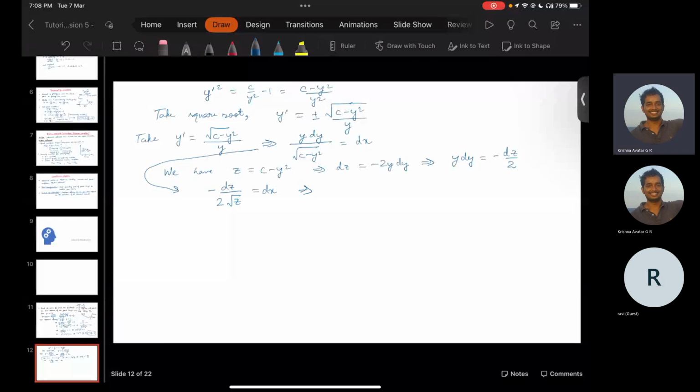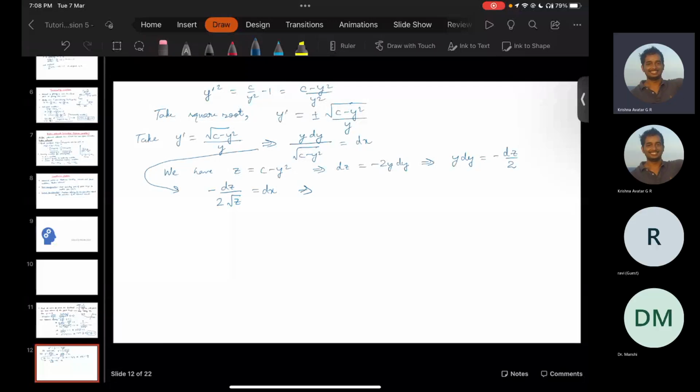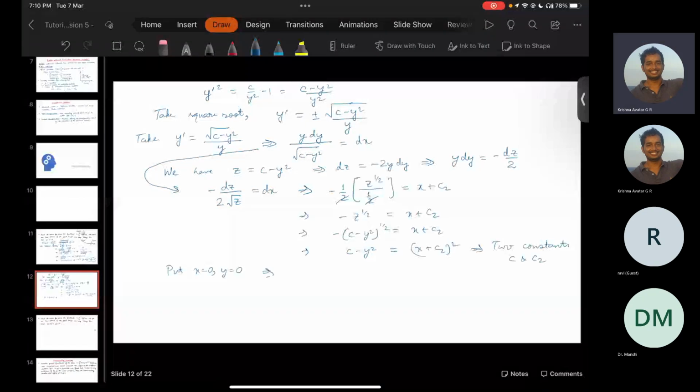So now I will put x is equal to 0 and y is equal to 0. Then this gives us c minus 0 is equal to 0 plus c2 whole square. So c is equal to c2 square.